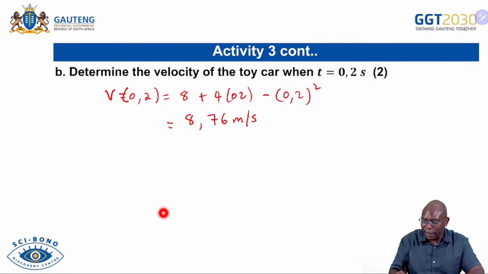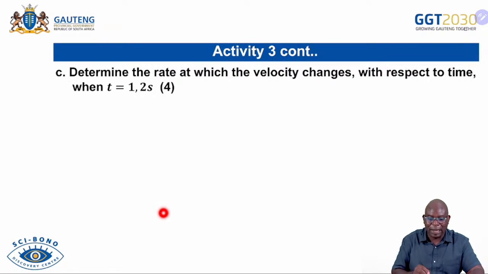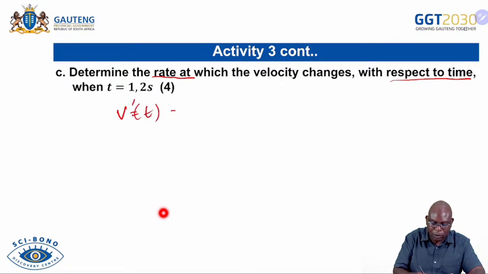Now, the last question says determine the rate at which the velocity changes with respect to time. Remember, when we derive, we say we're deriving with respect to time. So when I derive v, I'm going to get v'(t) equals 4 minus 2t.